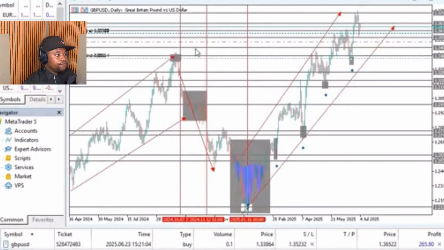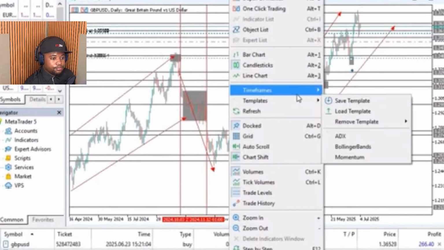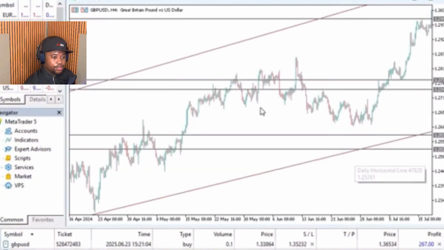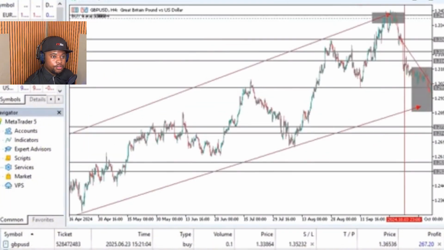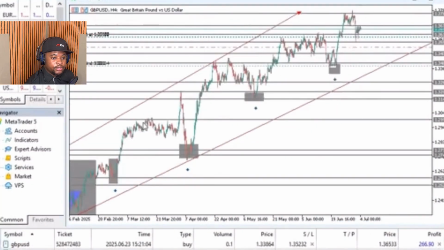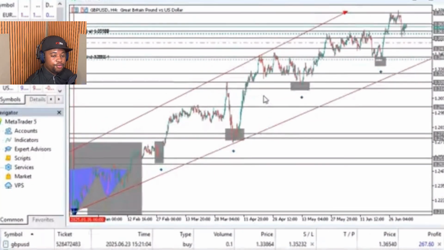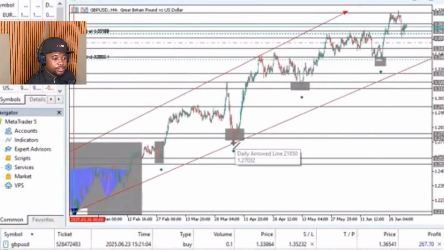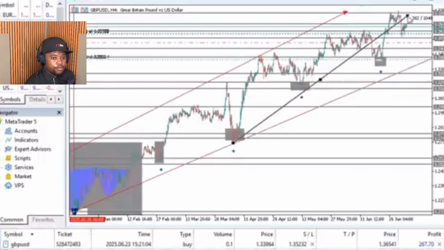So going to the 4-hour time frame, let us go to the 4-hour time frame, right? Zoom it out. Okay, so going to the 4-hour time frame, we can clearly see that we have a beautiful market structure, right, which we can put our trend line at this zone here, creating to us a beautiful move, right?